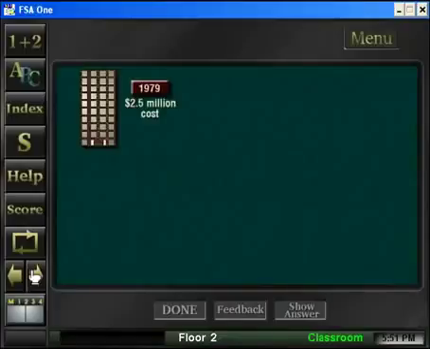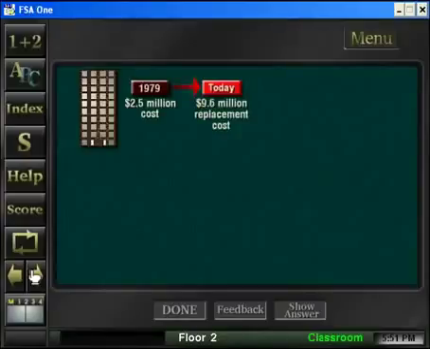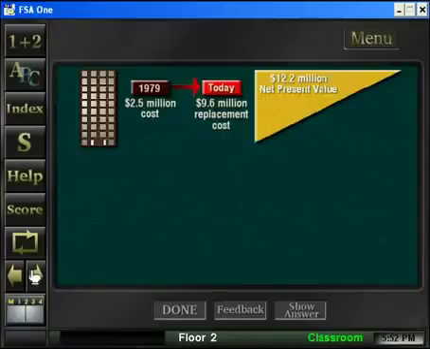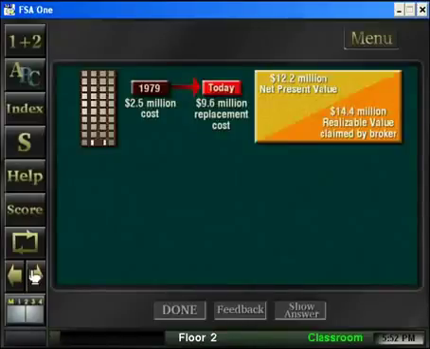A company purchased an apartment building complex for investment purposes in 1979. The cost in 1979 was $2.5 million. If the company were to rebuild the complex today, the replacement cost would be $9.6 million. Based upon estimates of future rental receipts less operating expenses, the building has a net present value of $12.2 million.